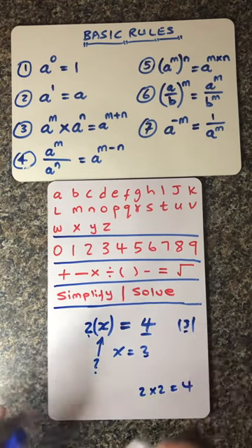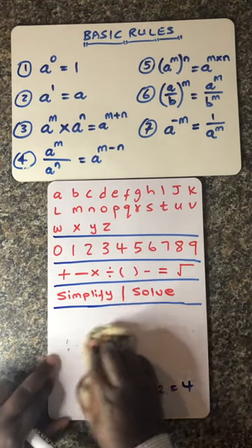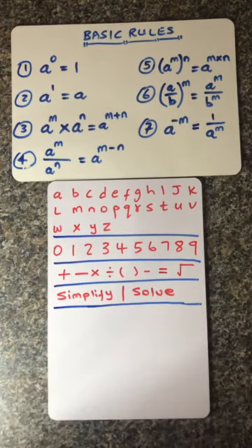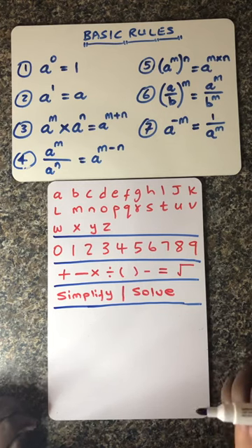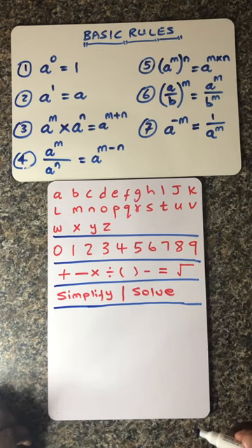That's how you score maximum marks. Because if you just write 2, it's more like you copied that answer from a friend next to you. That's why I want to emphasize those rules so that you fully understand, and in that way you'll be able to apply those rules to solve mathematical equations.